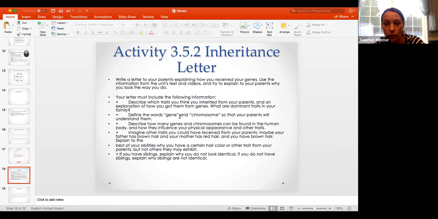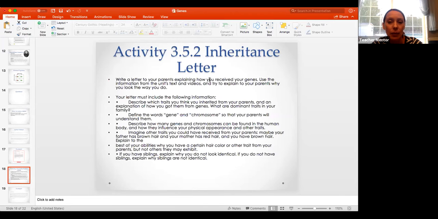You could define the words, do the vocabulary, explain why siblings don't look the same. Then I would just write in there, let your teacher know in the comments or in your actual letter, this is as much as I can do based off of my own personal history. You're not going to be marked down for that. Okay.